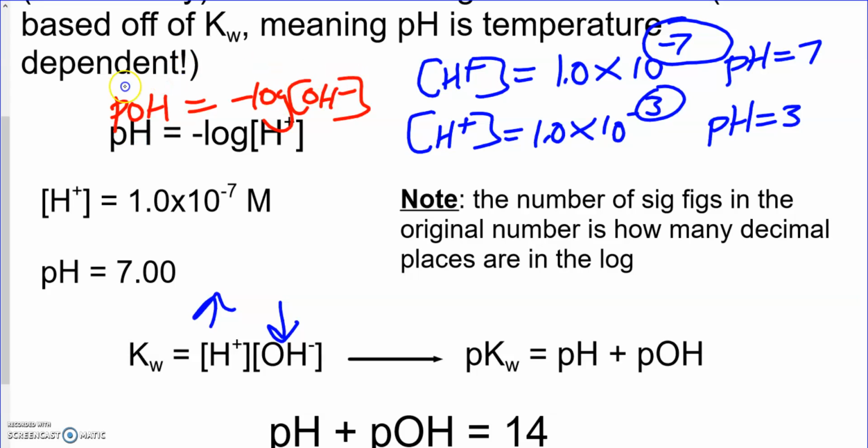So if we knew hydroxide, we'd be calculating pOH. If we knew hydrogen, we'd be calculating pH. And of course, which one do we use? We use pH. We very rarely ever use pOH, but we do have to calculate using pOH on a regular basis if we get a basic solution. But then we just convert to pH using our pH plus pOH equals 14 equation.